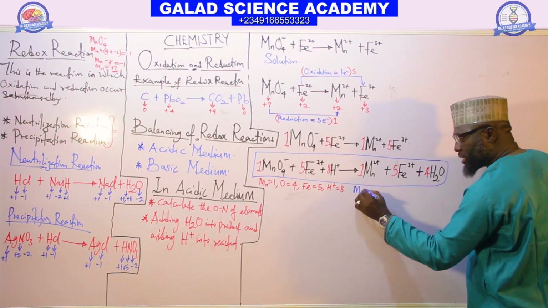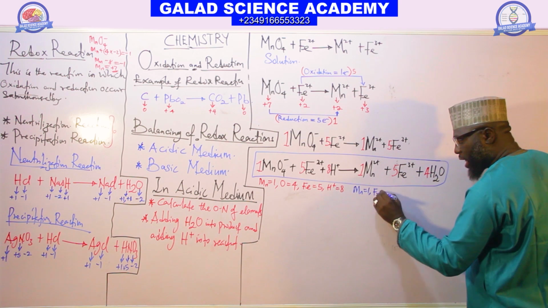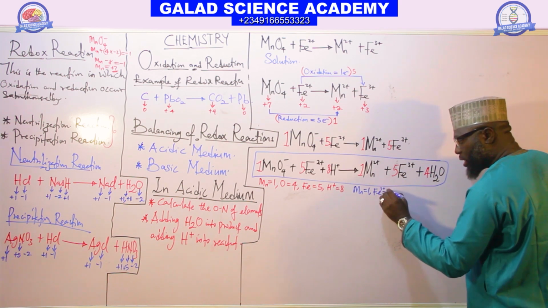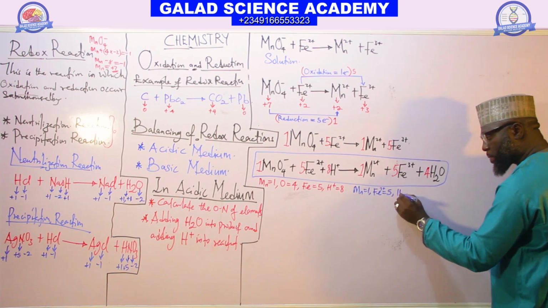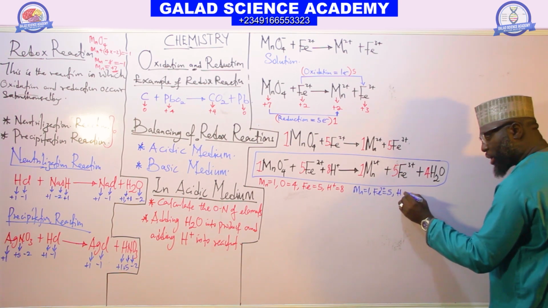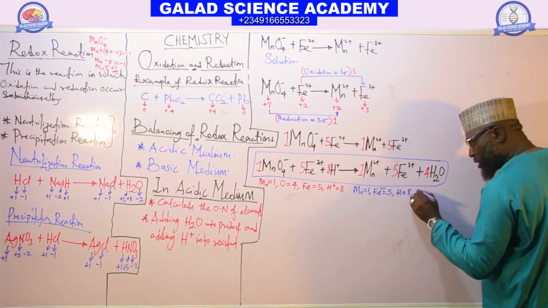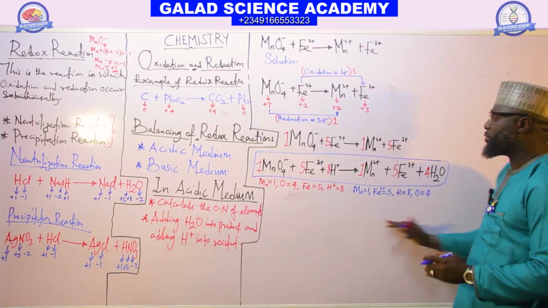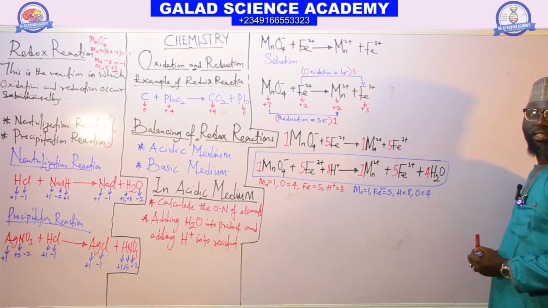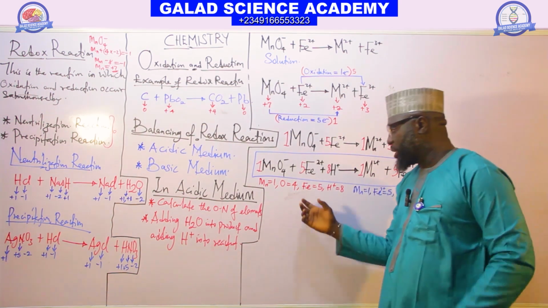How many manganate? 1. How many iron? Fe is 5. Then how many hydrogen? Hydrogen is 8. Then how many oxygen? Oxygen is 4. So therefore it is balanced in acidic medium.